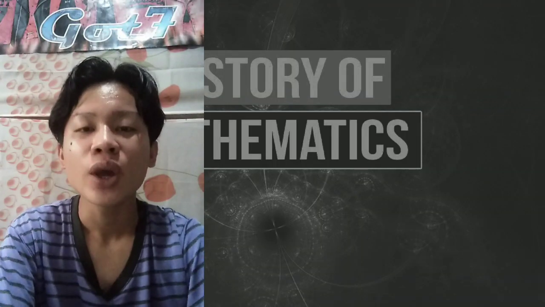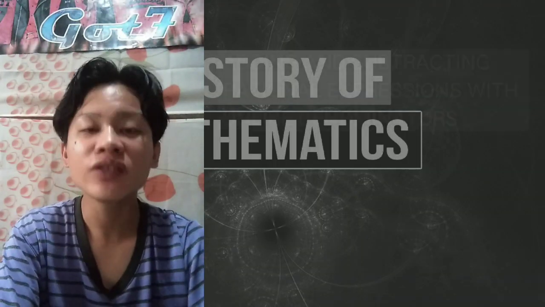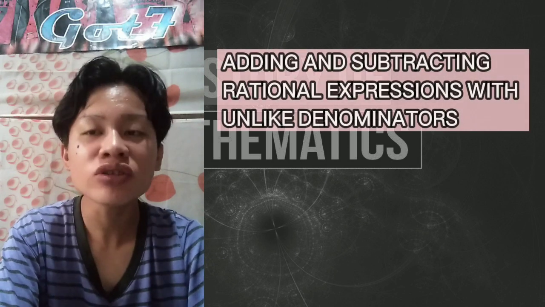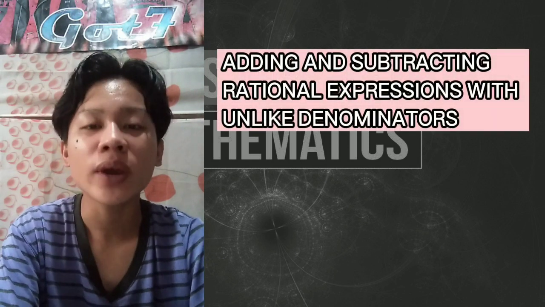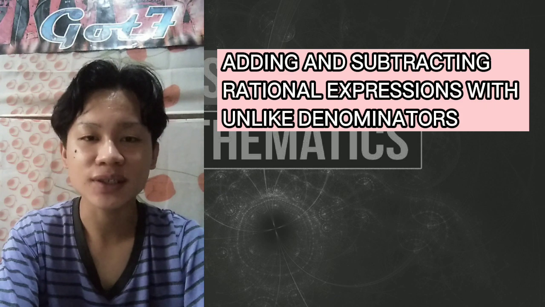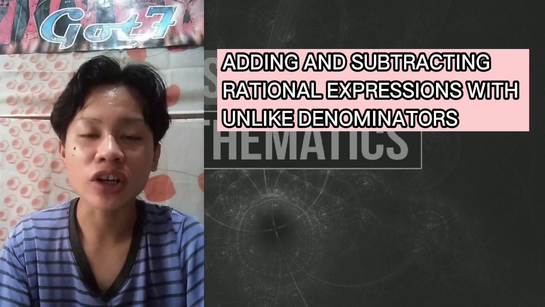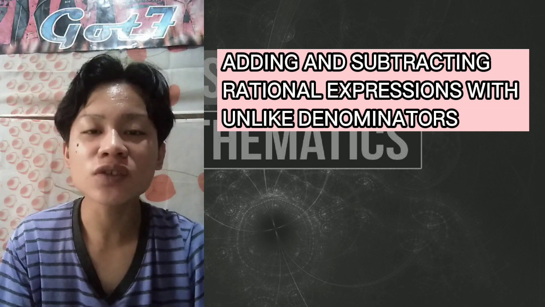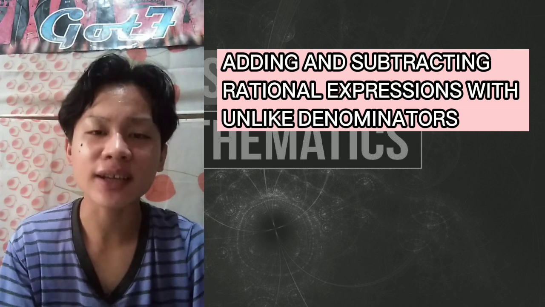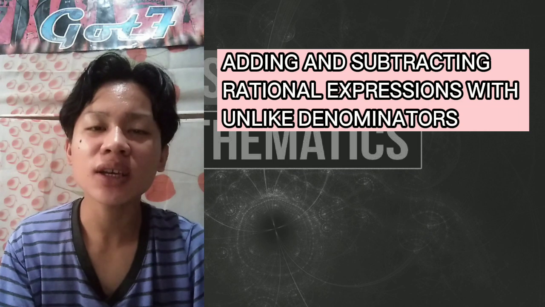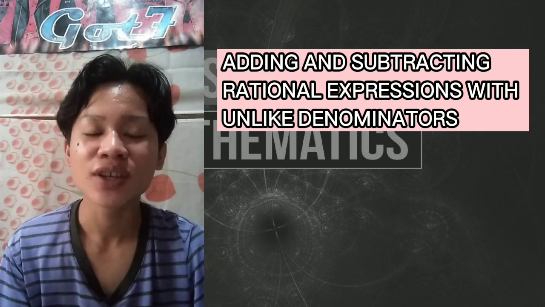Now, we are going to solve the addition and subtraction of rational algebraic expressions with unlike denominators. It is easy for us to solve the algebraic expression if the denominators are like. So how about if the denominators are unlike?